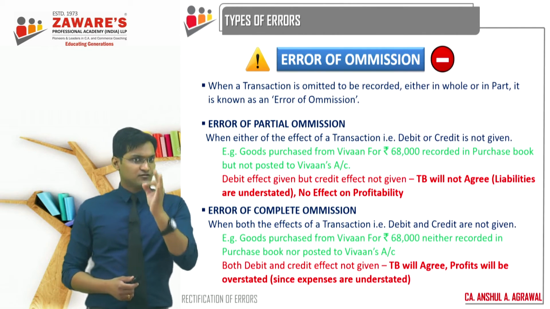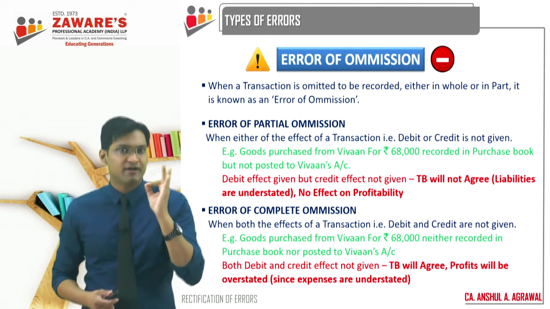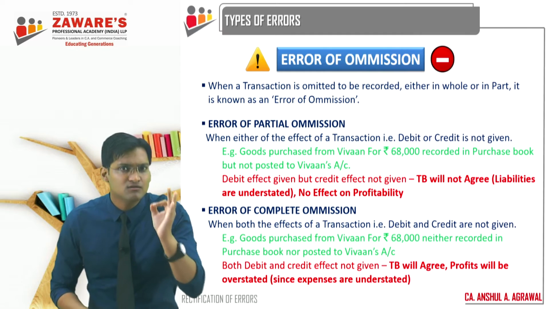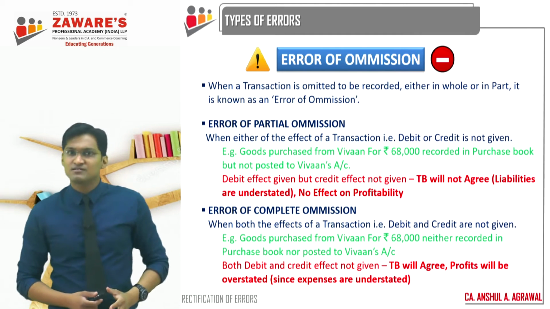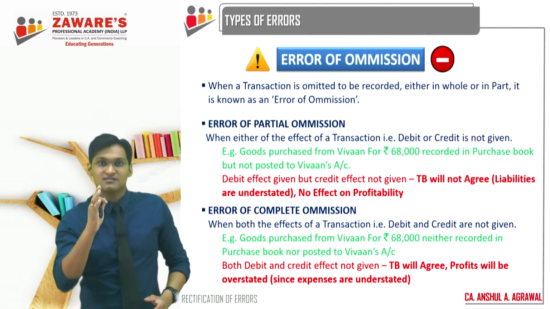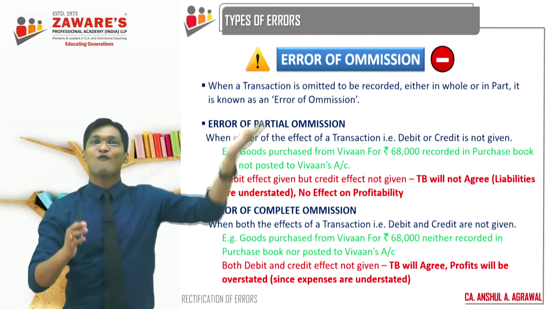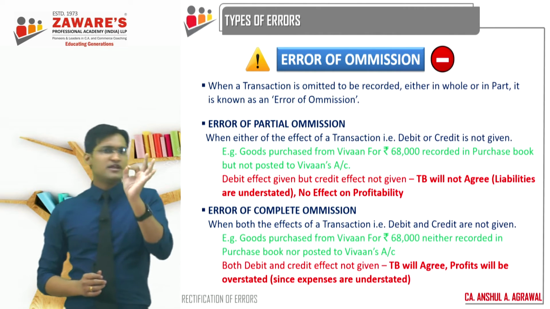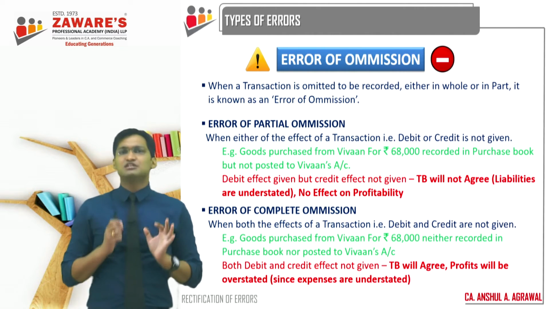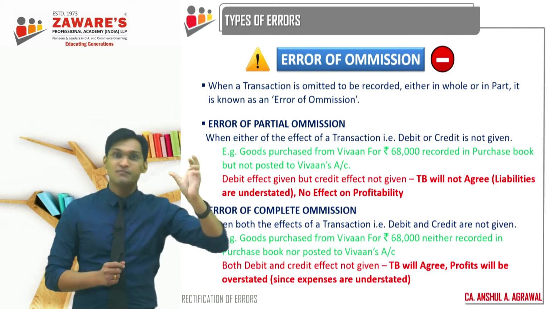What will be its effect on profit? Understand. Purchase account should have been debited. Is it debited? No. Since purchase account is not debited, expenses are understated. Expenses are understated means what? Profit is overstated. You need to understand the relation between expense and profit, income and profit.